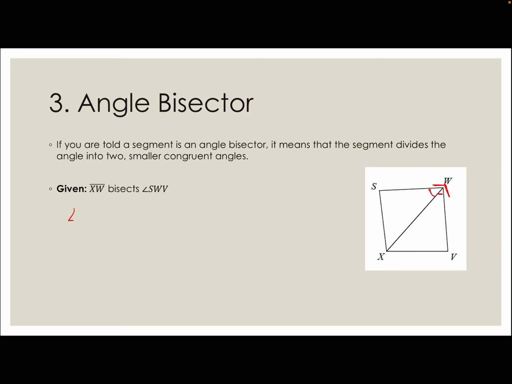So the two angles are angle SWX, which is going to be congruent to angle VWX. That's the congruence that we get. And we know that, again, because we're told. You can't assume it. You have to be told.